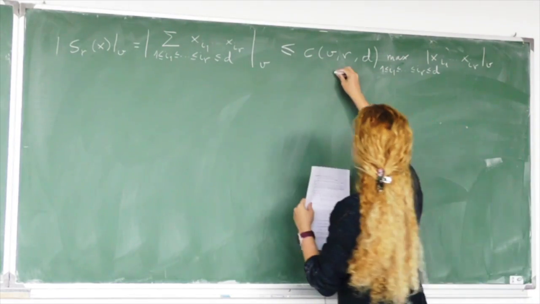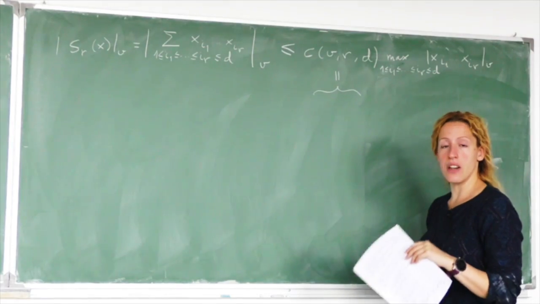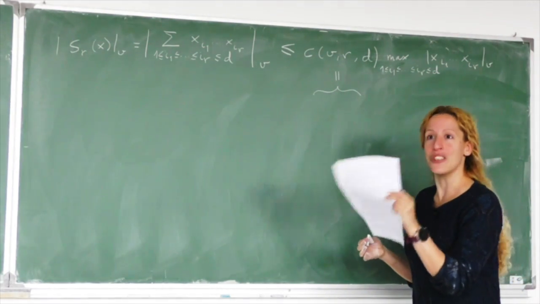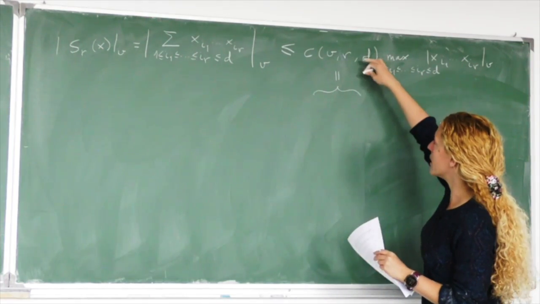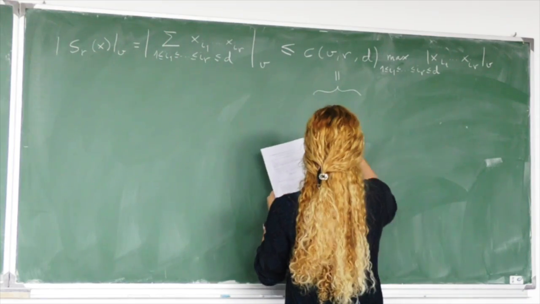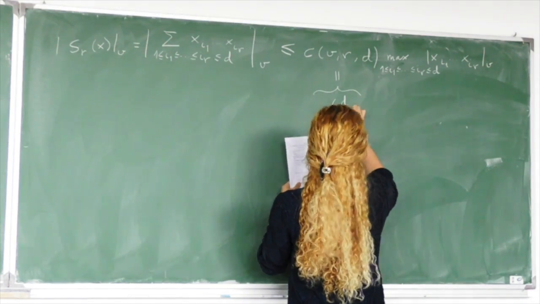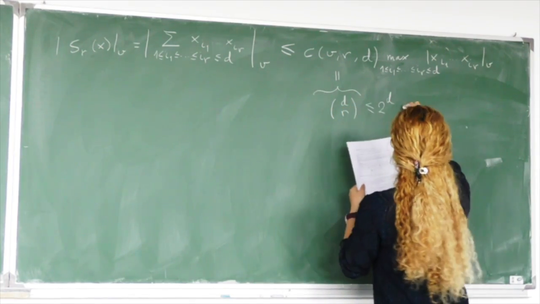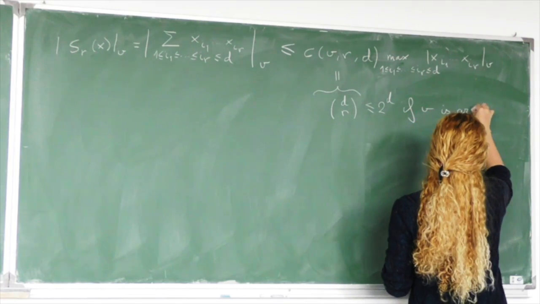But actually, this is the thing. This constant is going to depend on whether the valuation is Archimedean or non-Archimedean, because in the non-Archimedean case we have the ultrametric inequality, so we can get an even better constant here. So basically, this constant is going to be equal to d over r, that is in general always smaller or equal than 2 to the d if the valuation is Archimedean.